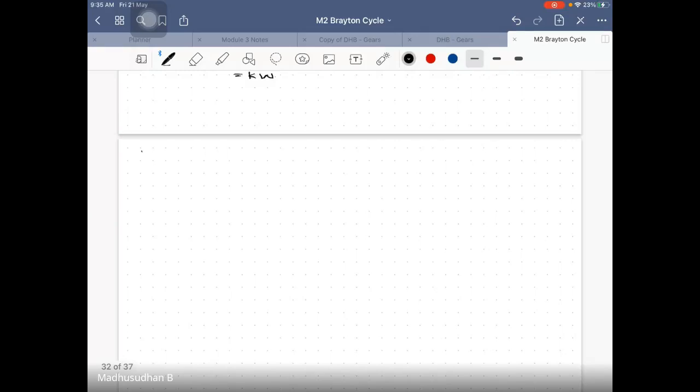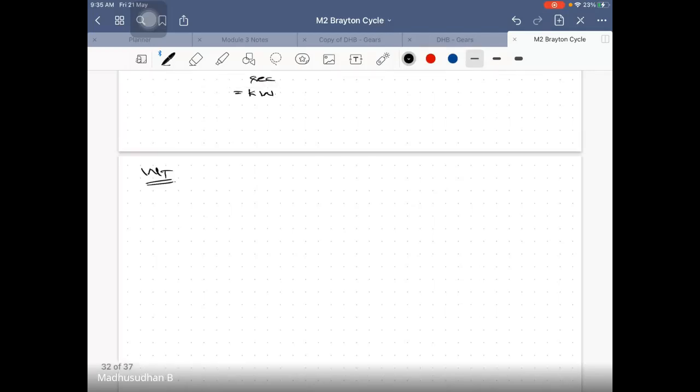For WT, you don't have the value of the mass flow rate of fuel, isn't it? For that, you have m dot A divided by m dot F equal to 80, which is a given value.